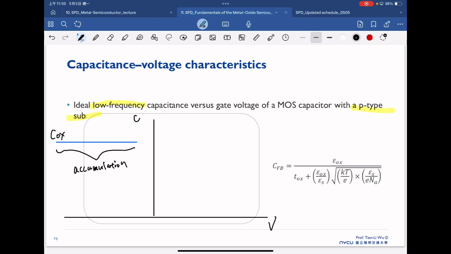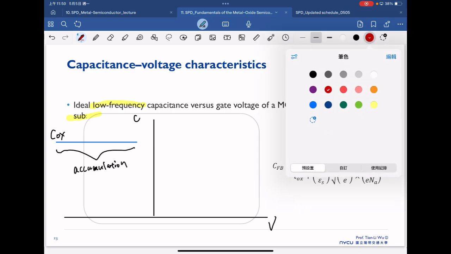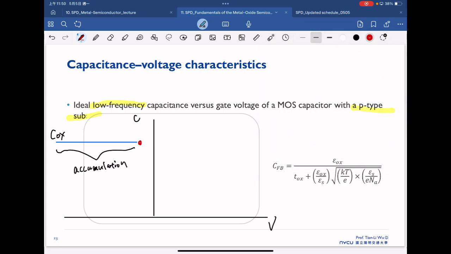Then after one particular point, which is the flat band voltage, and this is the flat band capacitance, we can start to see the capacitance decrease and reach the minimum here.